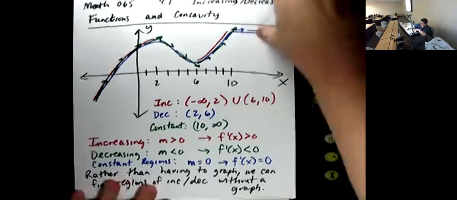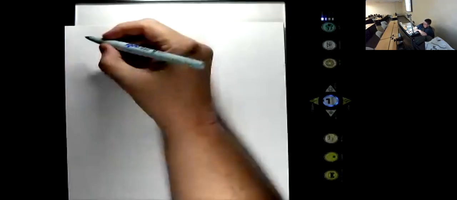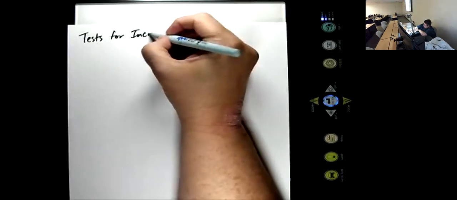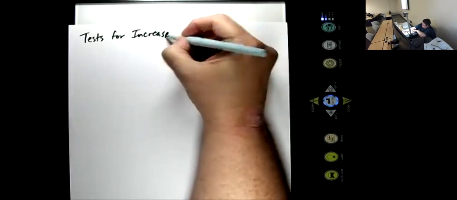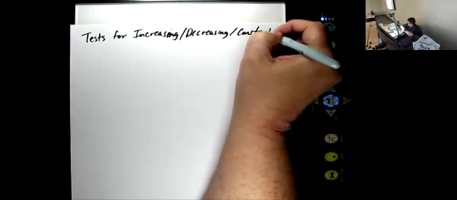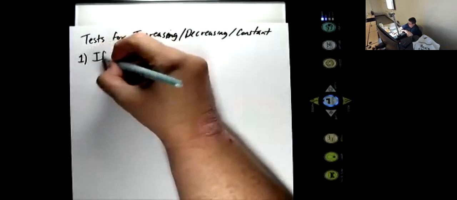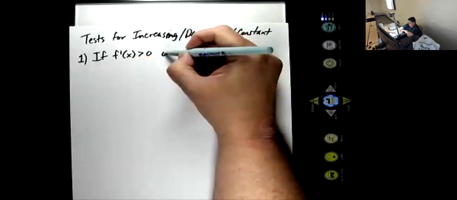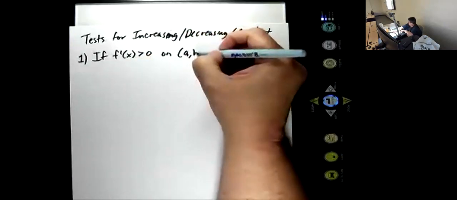All right, so now we get to our test for increasing, decreasing, and constant. One, if f prime of x is greater than 0 on the interval AB, then f is increasing on AB.